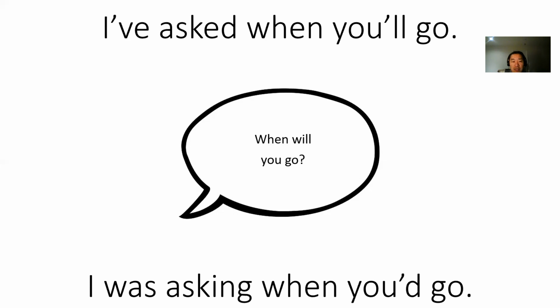So with non-past tense main verbs and past tense main verbs, the choice is between is and was for a present tense direct question, or could be am or was, or could be are or were.